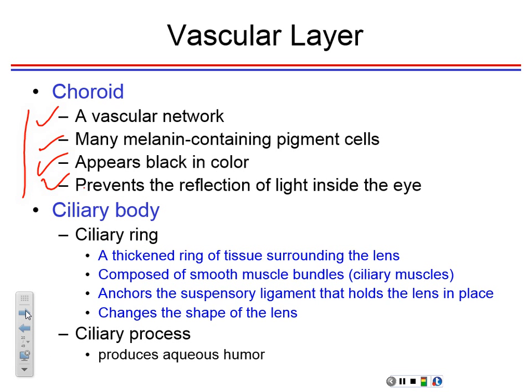And then, of course, the ciliary body is a ring that surrounds the lens and suspends it right at the junction of the vitreous cavity and the posterior cavity. It's a thickened ring of muscle surrounding the lens, composed of smooth muscle bundles. They contract and relax.